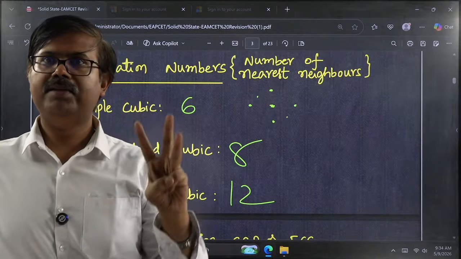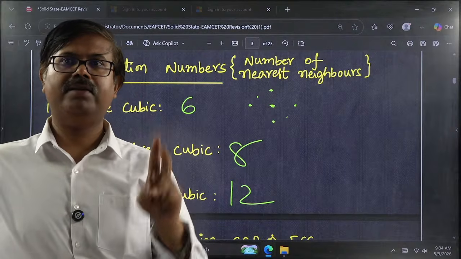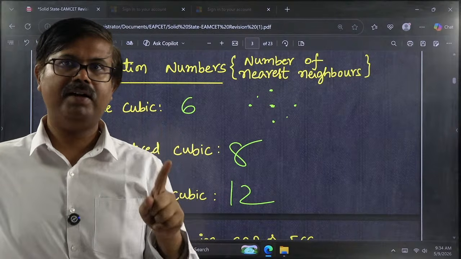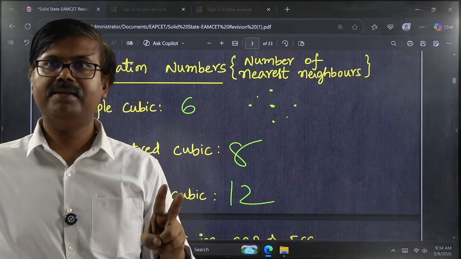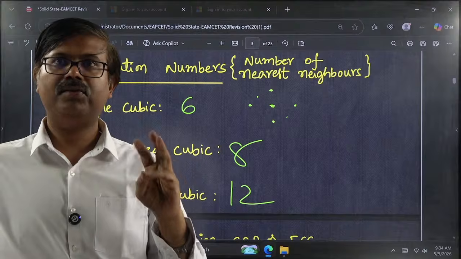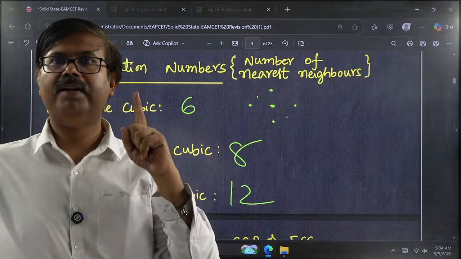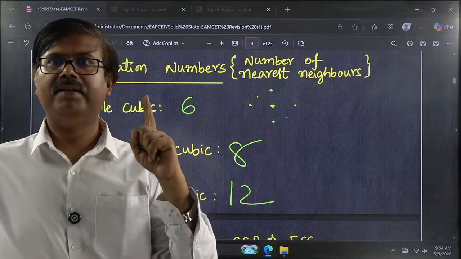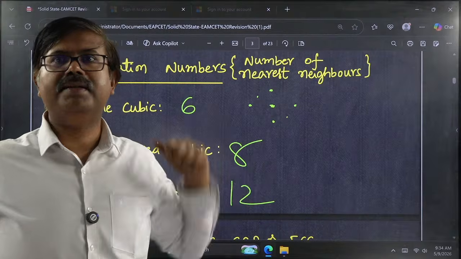So 3 areas we have gone through today. First is the number of atoms per unit cell, second is the relation between edge length and the radius, A and R, third is coordination number. Simple cubic: number of atoms 1 per unit cell, relation A is equal to 2R, coordination number 6.